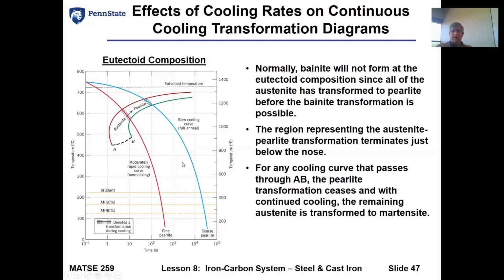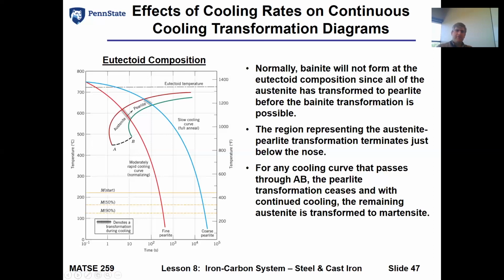In this one, we've taken away the bainite. It doesn't typically form in this case, but the austenite to pearlite will terminate just below that nose, so to say, in this continuous cooling transformation. And this is a eutectoid steel. So this is another difference that we have.